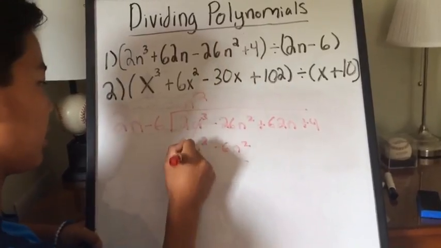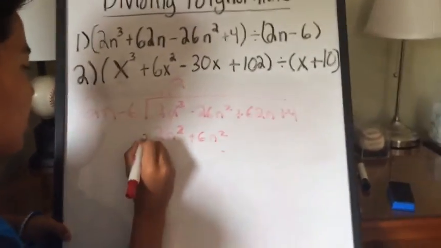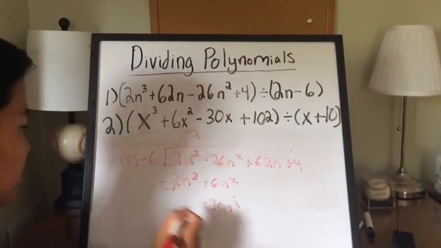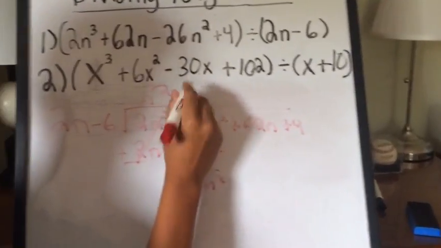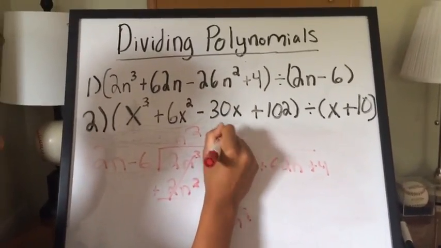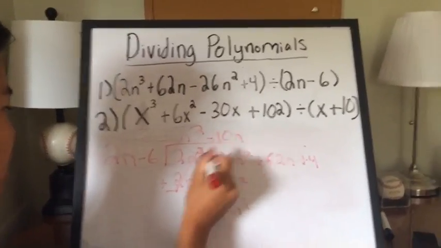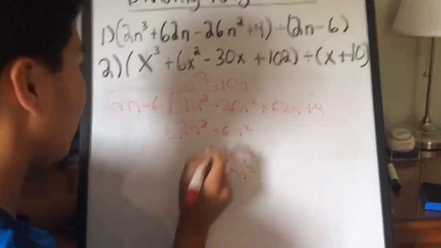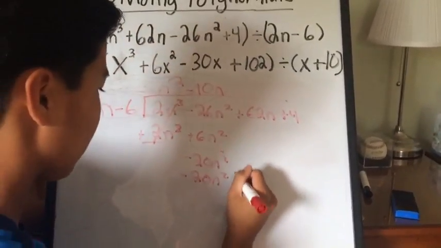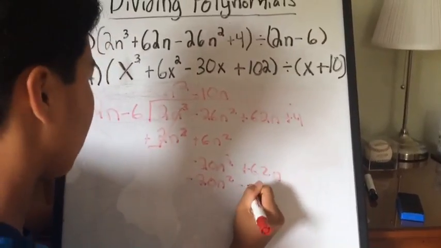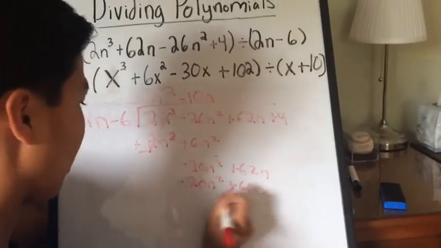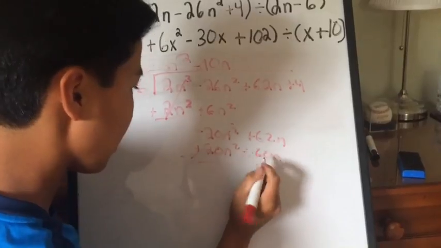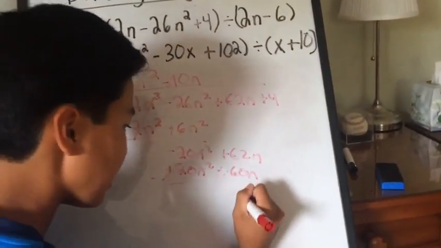So these two cancel each other out, and the subtraction sign obviously equals plus, so that's going to be negative 20n squared. 2n goes into negative 20n squared negative 10n times: negative 10n times 2n equals negative 20n squared, and negative 10n times negative 6 equals plus 60n. These cancel each other out, and then minus, so 62n minus 60n is 2n.